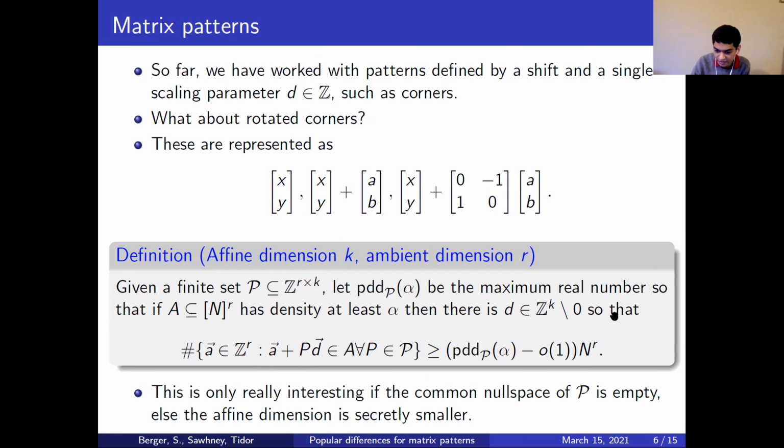This here is really the most important definition. It's really just saying how many times can I have this pattern of a specific difference if I'm in a dense set.